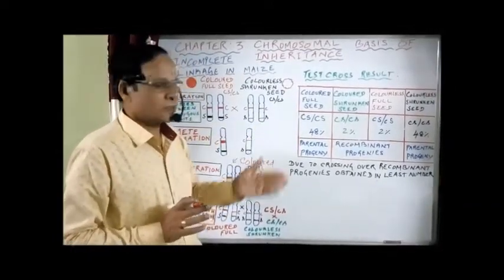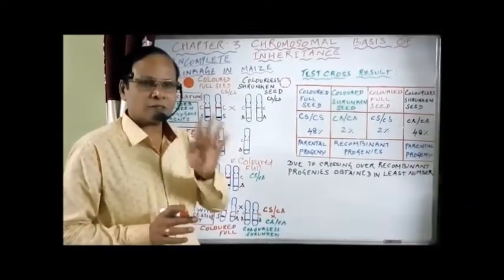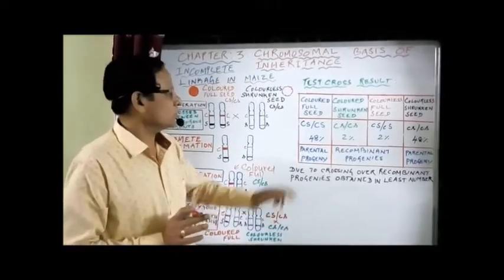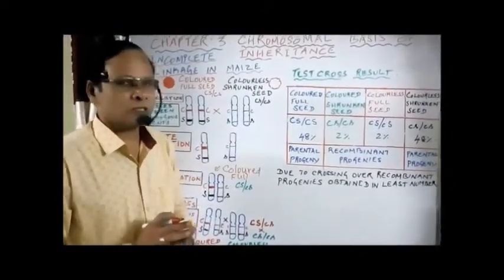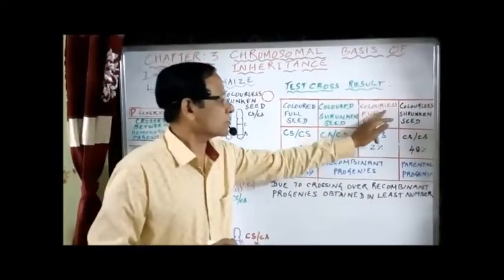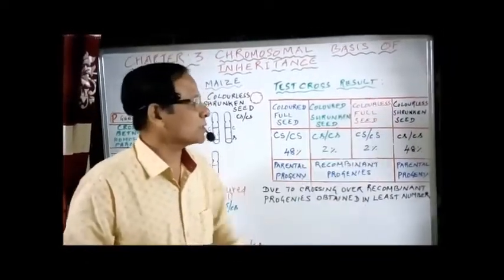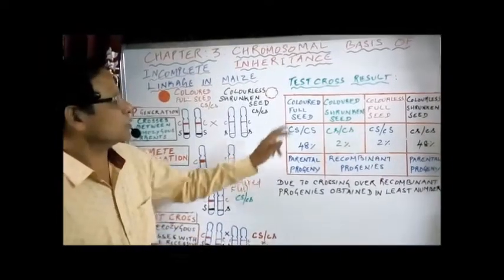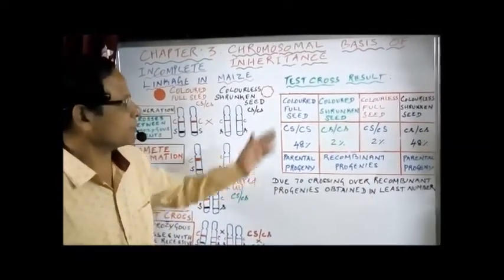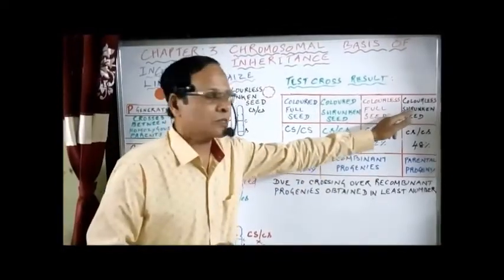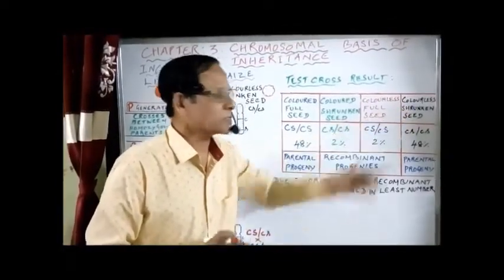As a general rule in a test cross, or in a dihybrid cross, we are getting four types of individuals: one, the colored full seed; another one, colored shrunken seed; another one, colorless full seed; and the last one, colorless shrunken seed. Now we started the experiment with the colored full seed, a dominant character parent, and another parent with both the recessive characters, colorless shrunken seed.